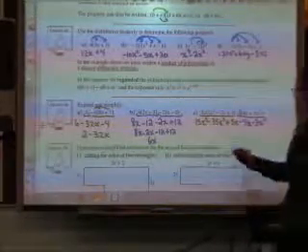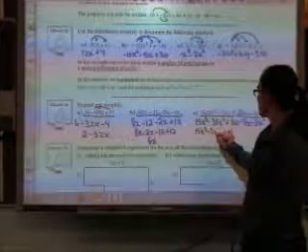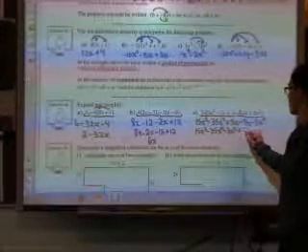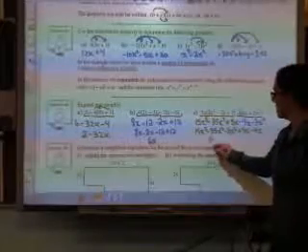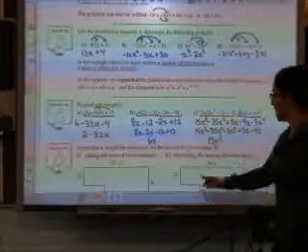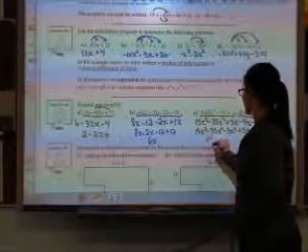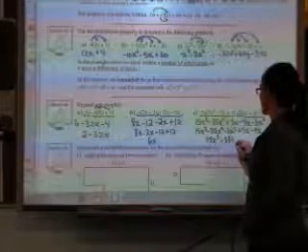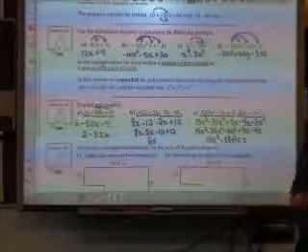So I collect my like terms. 15x cubed minus 35x squared minus 3x squared plus 5x minus 4x. So my final answer would be 15x cubed minus 38x squared plus 1x.